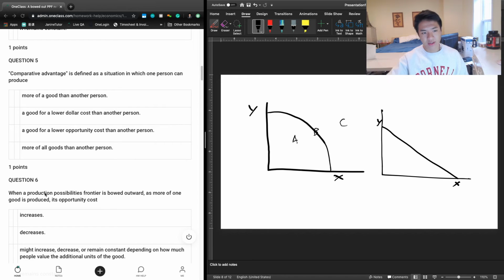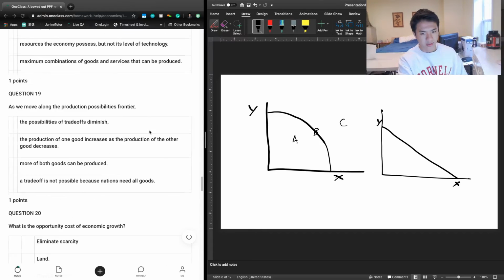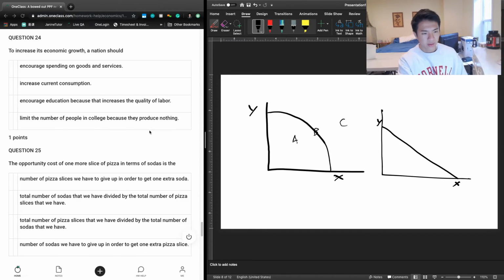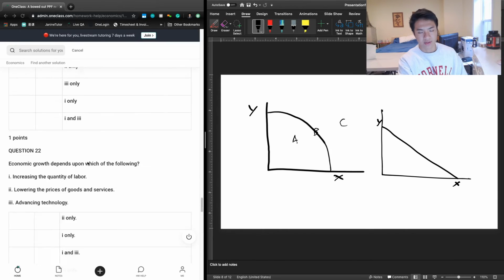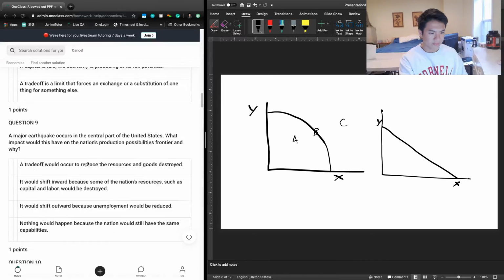And so looking through answer choices, we see that answer choice C, a situation in which one person can produce a good for a lower opportunity cost than another person, is going to be the right answer here. So let's take a look at the answer that the tutor put. It says, number 5, a good for a lower opportunity cost than another person. So great, they got that right as well.